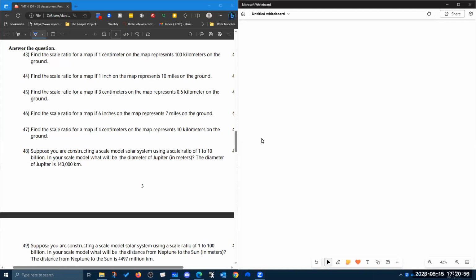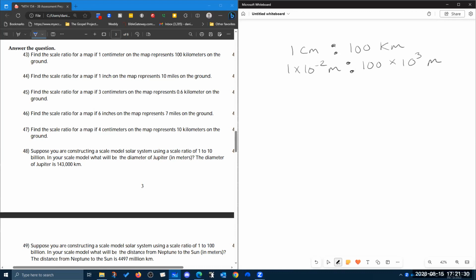In this video, we're going to talk about scaling ratios or scaling factors. So I'm going to write them with a colon here. If the scale ratio is 1 centimeter to 100 kilometers on the ground, then this is 1 times 10 to the negative second meters to 100 times 10 to the third meters.